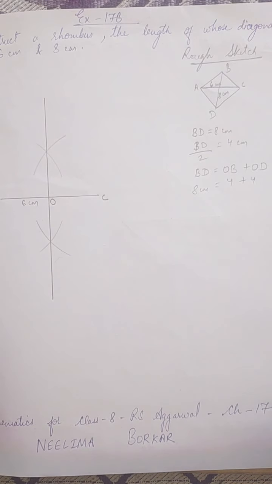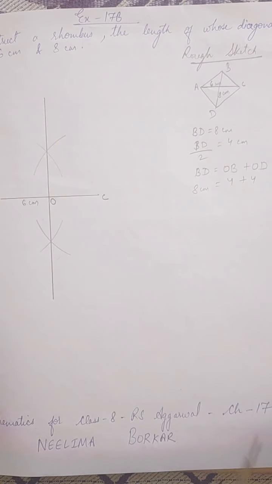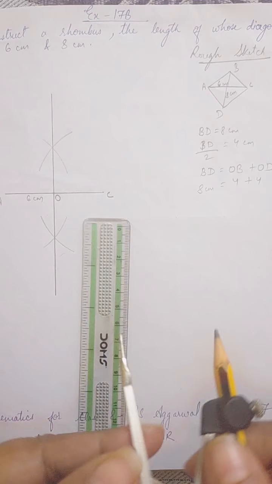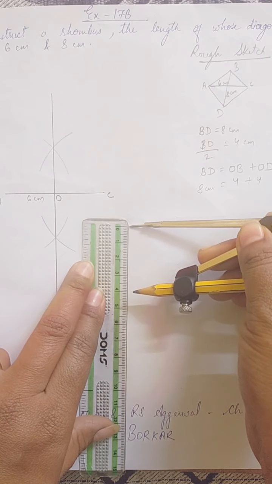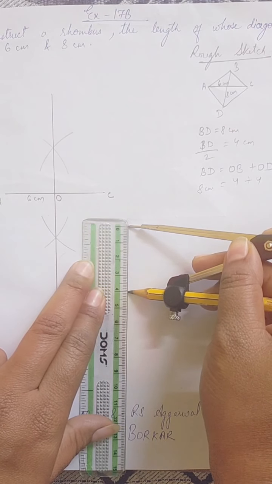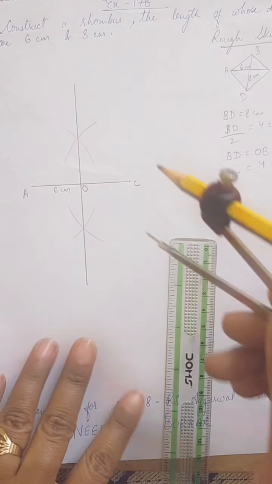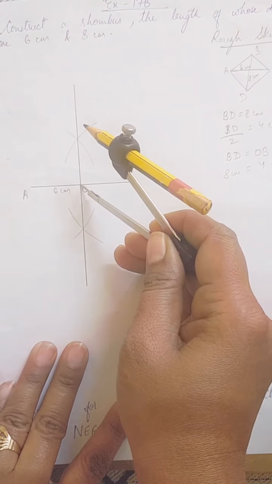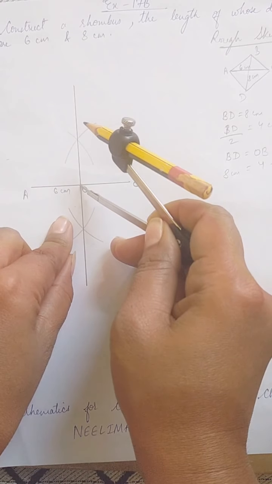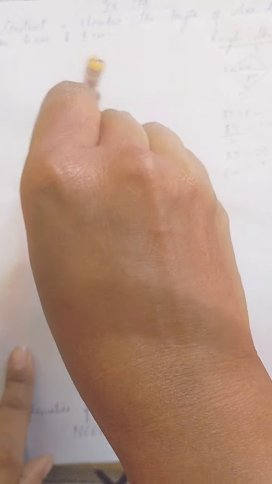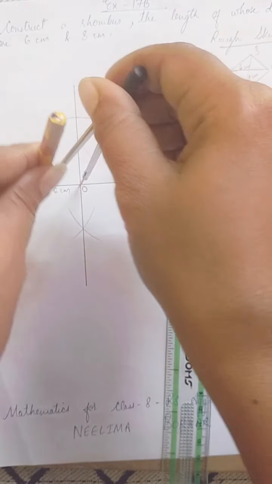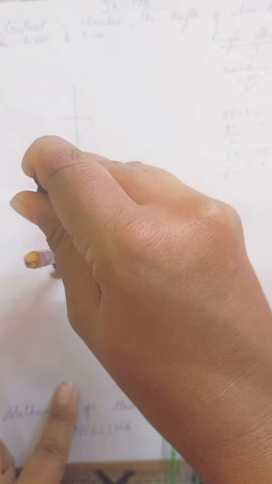So now you take radius to be 4 centimeter in your compass. This is 4 centimeter. Now put your center over point O and draw an arc over this perpendicular bisector above also and down also.